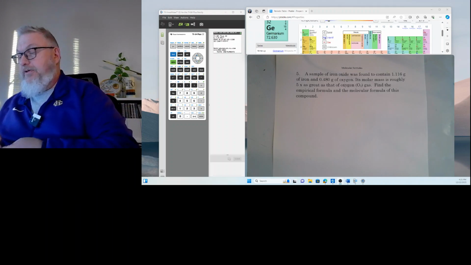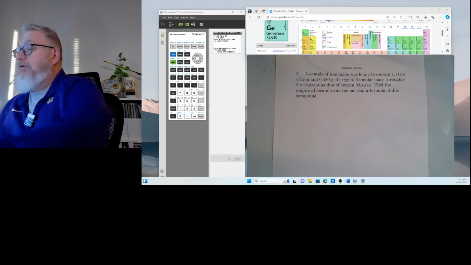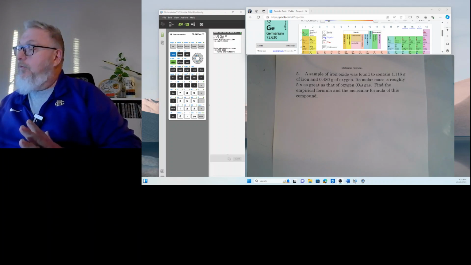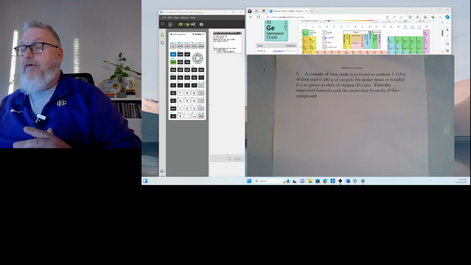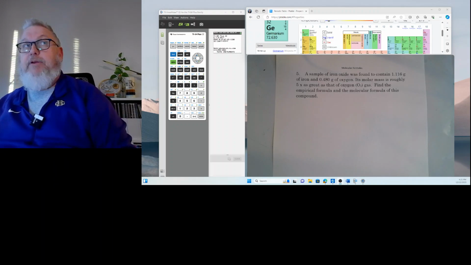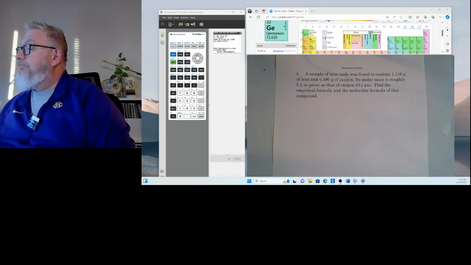So first, if you recall from the previous video, if we have grams, we've got to go into moles. Once we go into moles, then we have to make whole number ratios. Again, the empirical formula is the least whole ratio of a compound.